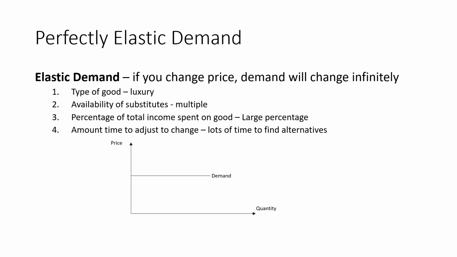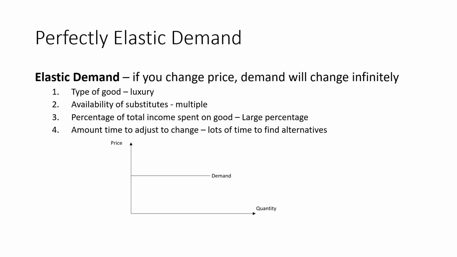If you spend a large percentage of your income on a good, for example, your rent or your mortgage, if they make up a large percentage of your total monthly bills, if your rent goes up, even by a small amount, you may not be able to afford that apartment anymore.